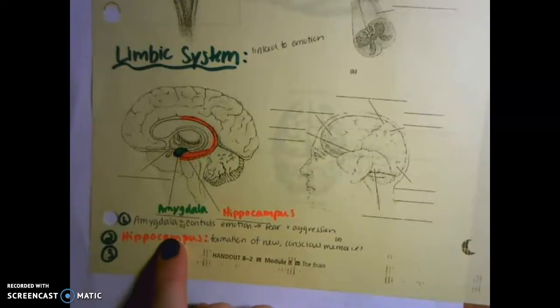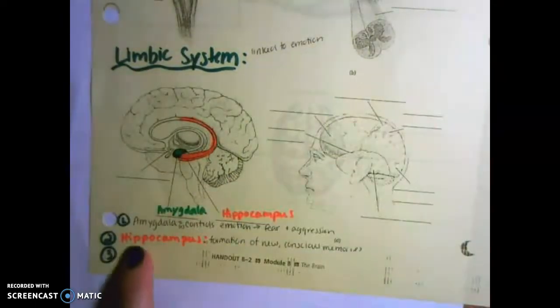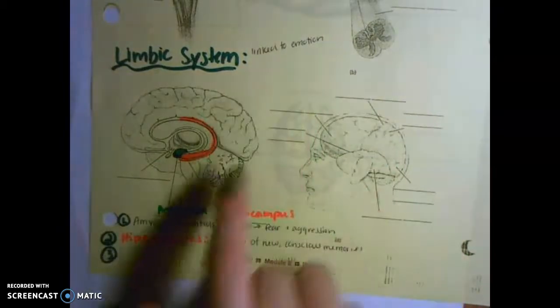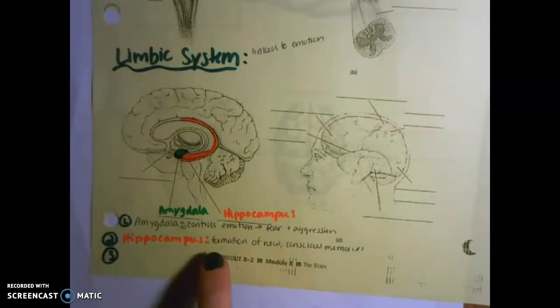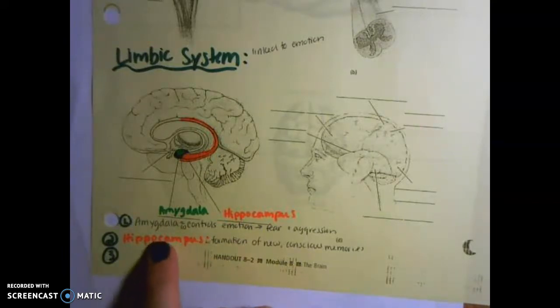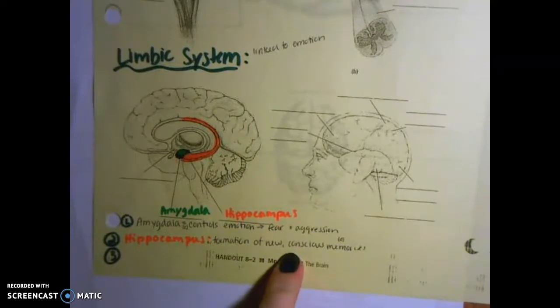So I want to be very clear that your limbic system, linked to emotion, and formation of new memories, those things go hand in hand, right? Normally when you're forming a new memory, the memory itself isn't just of the actions, but how you feel when the actions or whatever the memory is was occurring, right? So your hippocampus, formation of new conscious memories.